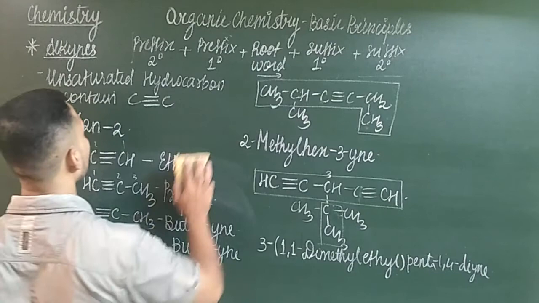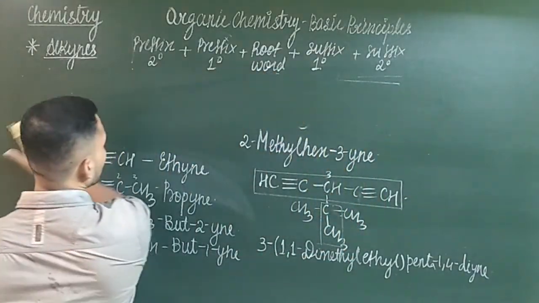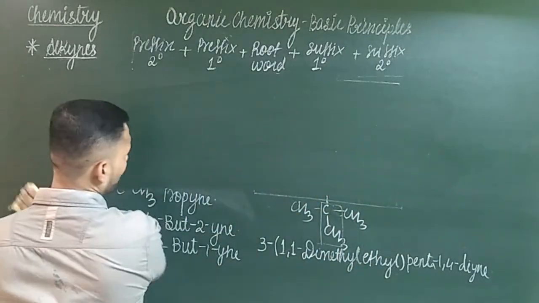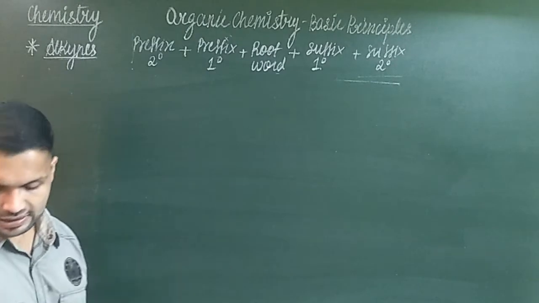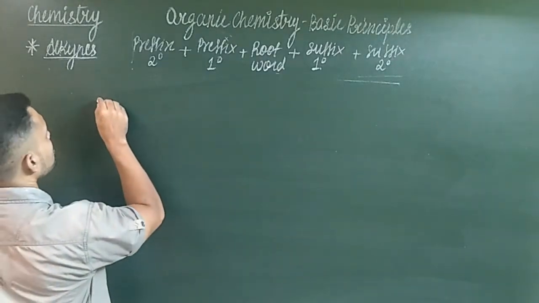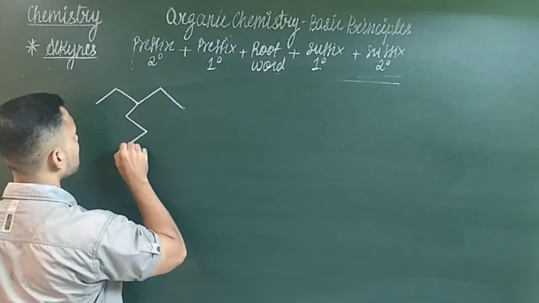So you got how to name these structures. We'll see some bit of difficult structures now. We'll see some bond line structures. 1, 2, 3, 4, say 5, 6, 7.